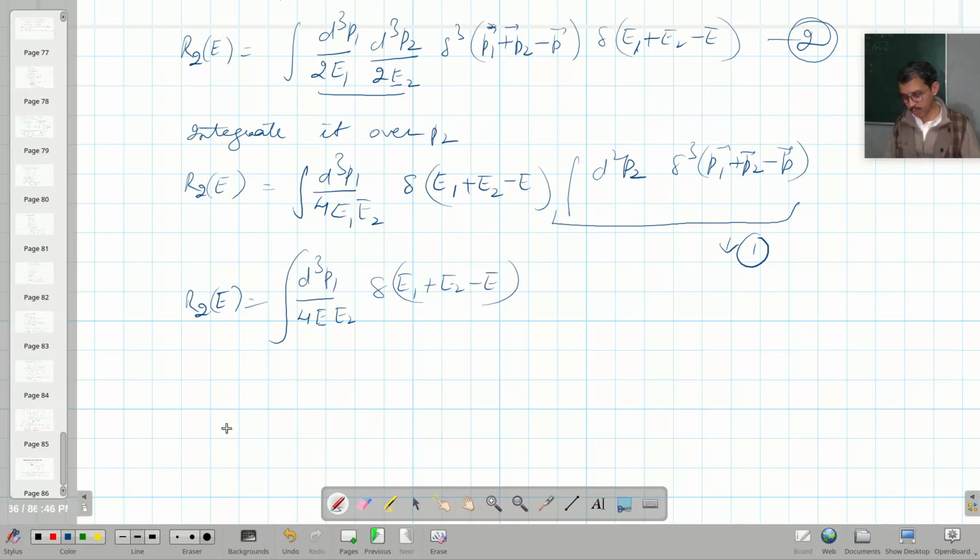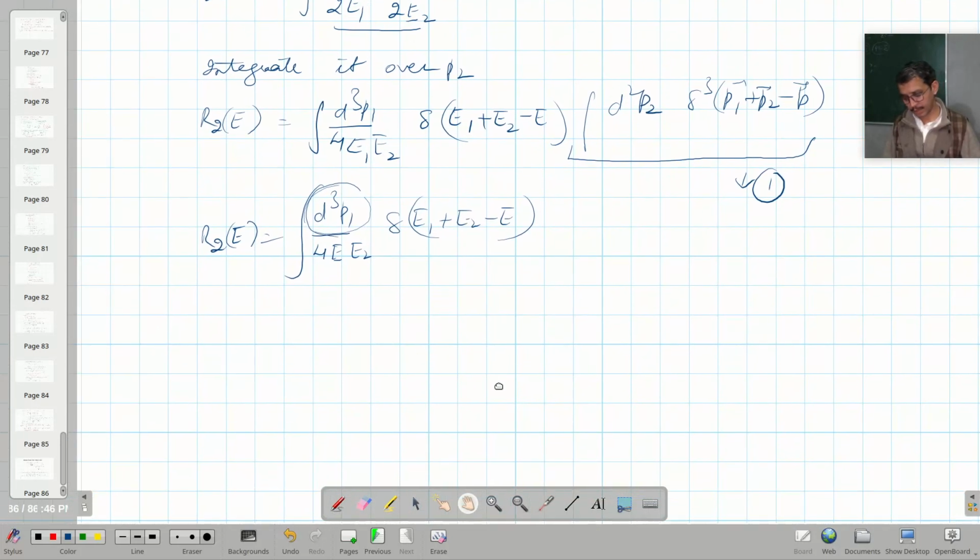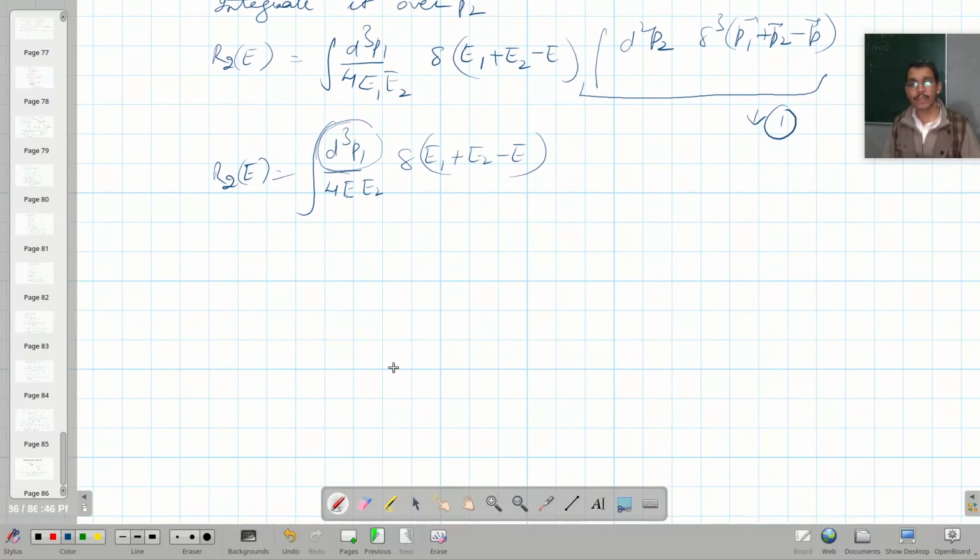So let us do one thing. It's like the volume of a small element. To take care of this, let us recall the volume element in spherical polar coordinates.